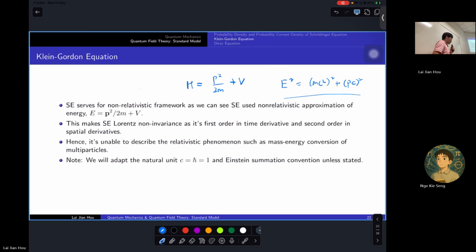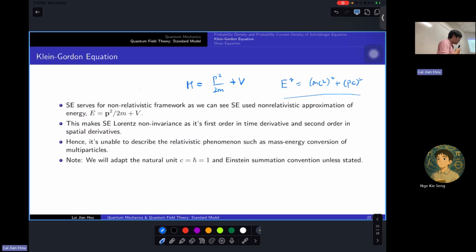So this makes the Schrodinger equation Lorentz non-invariant, and for the equation to hold in the relativistic framework, it must be Lorentz invariant.